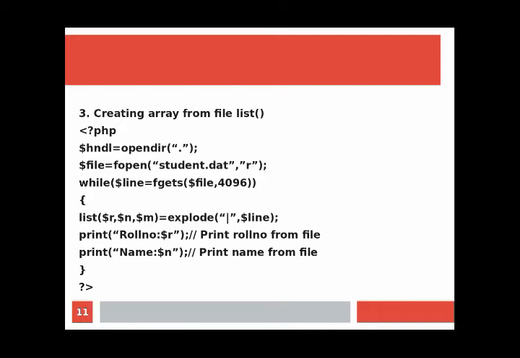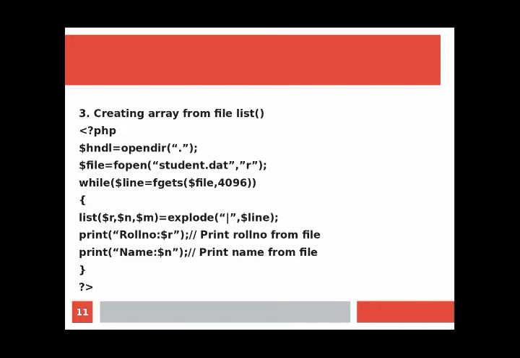So here PHP $handle, that is a variable, here we have taken equal to opendir, that means it is an open directory, and in bracket within double quote dot means, you are aware, the current directory. So here it is the first statement, semicolon separator, then the second statement $file equal to f of 1.